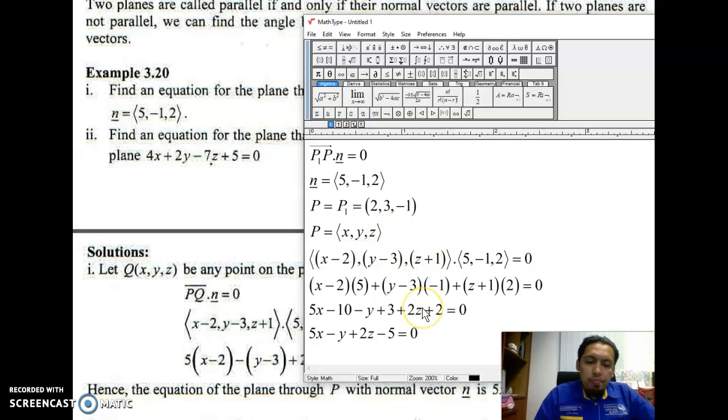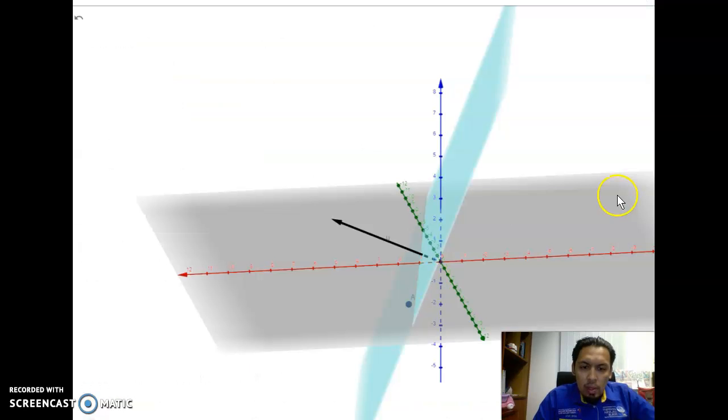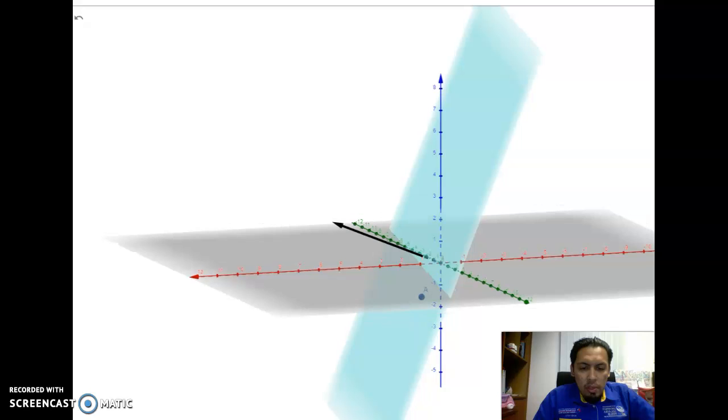Let's look at the plane just now. This is the given information: the normal vector of 5, negative 1, 2, and the point of 2, 3, negative 1.